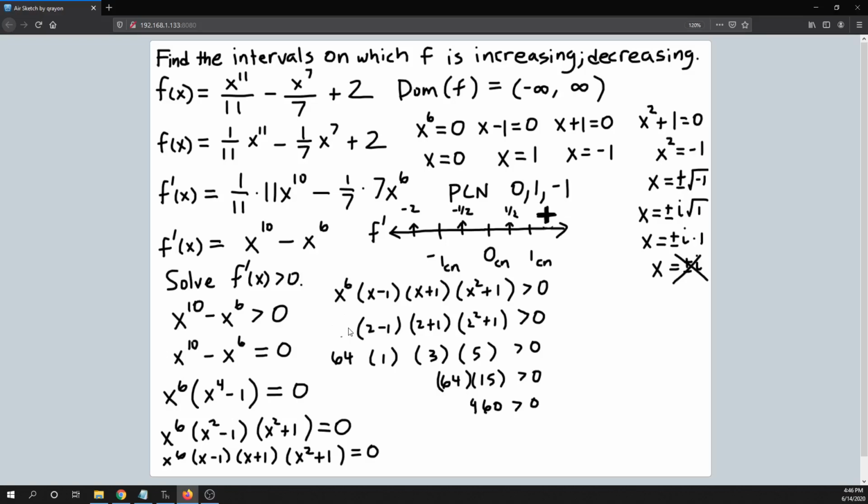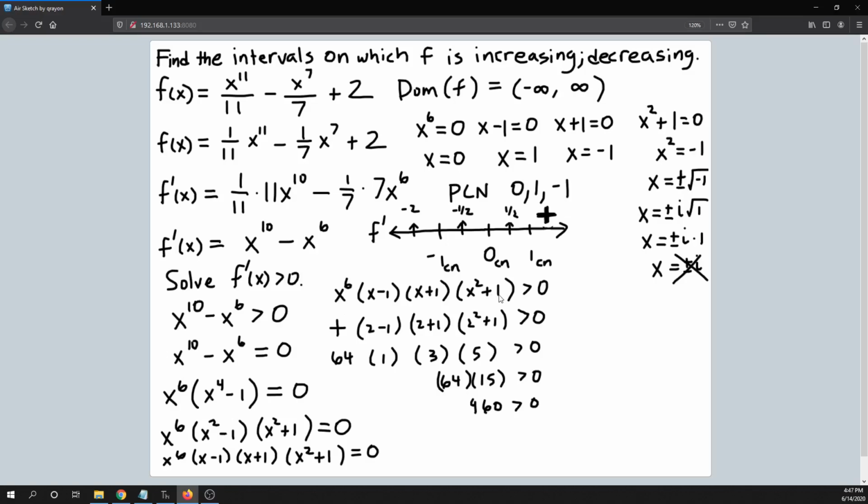I'm just going to keep in mind that whatever I get when I plug this in here, it will be a positive number. The same thing is true for this factor over here. If I have x squared plus 1, it doesn't matter what real number I plug in there, I'll get a number that's 0 or bigger. And then when I add a 1 to it, I will get a positive number. The result of plugging any real number in for x into this factor will be a positive number.